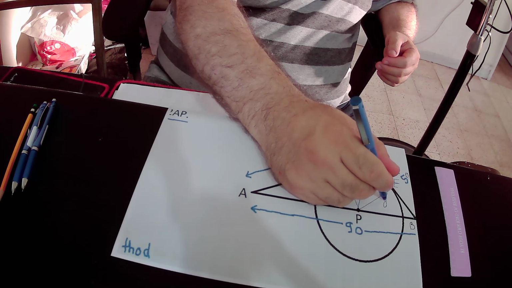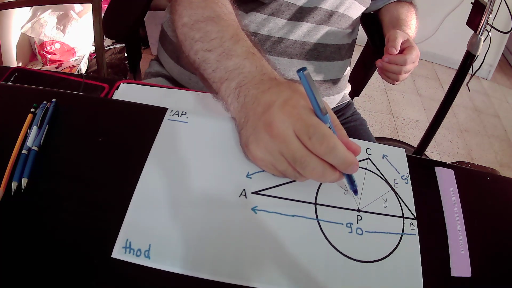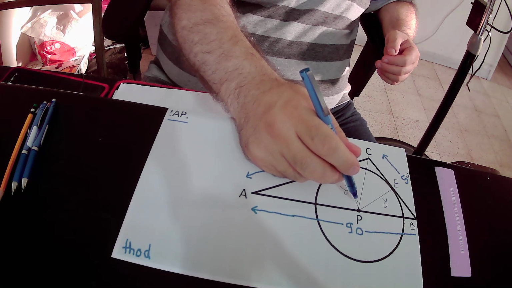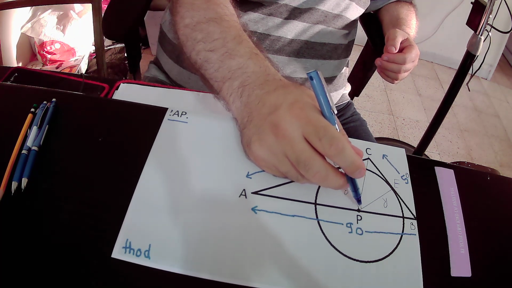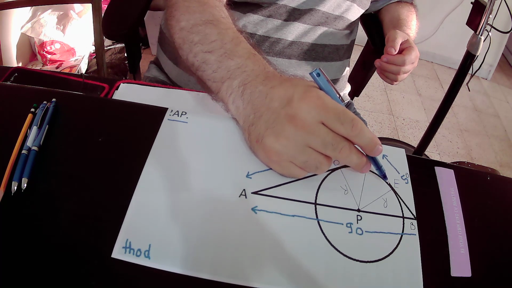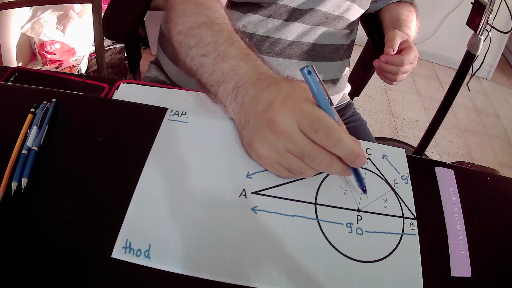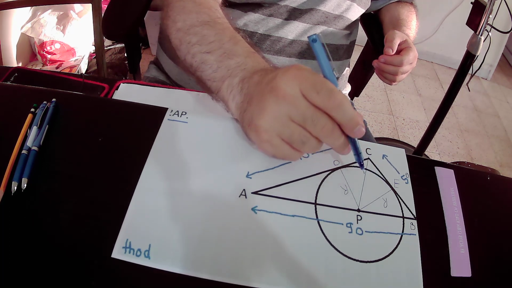I will mark it as R for the same reason, because the line PE exits from the center of the circle, that is to say from point P, and ends at point E at the circle, so PE is defined as the radius of the circle.